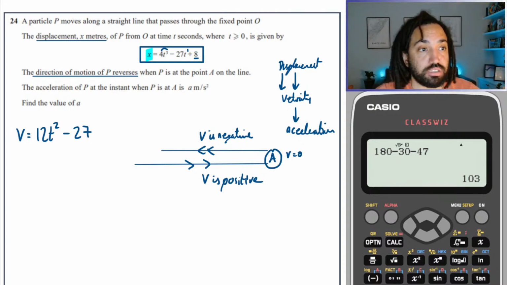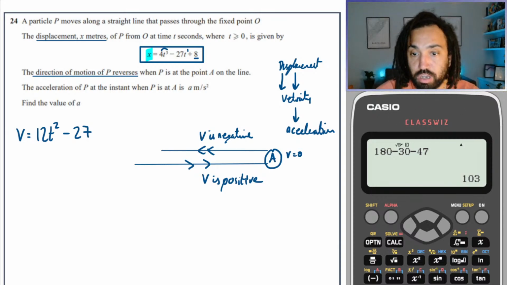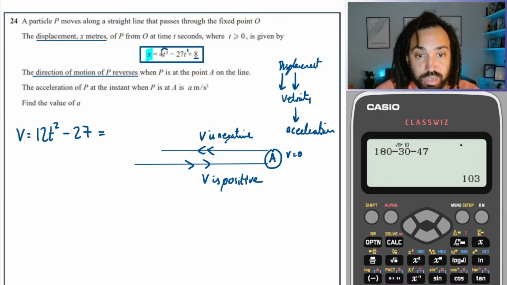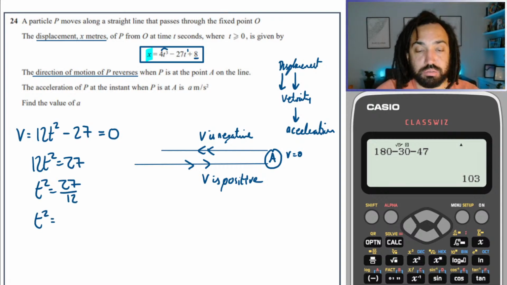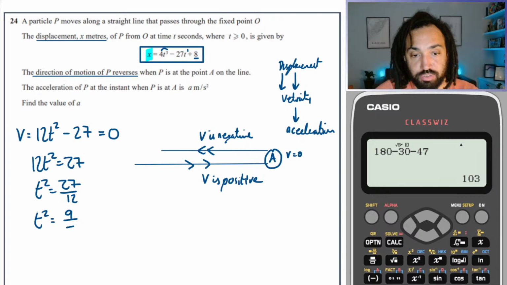Okay, so we need to find A. So we need to find when the velocity is 0. So 12t squared equals 27. So t squared is equal to 27 over 12. So t squared is equal to 9 over 4. So t is equal to 3 over 2.